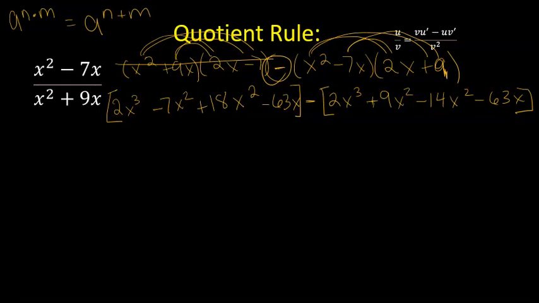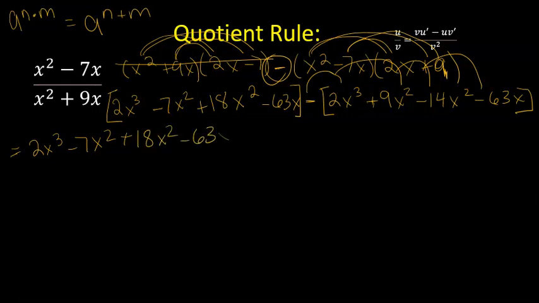So what do I do next? Let's see. I remember I started putting all the like terms together. I could do that, but I have to remember this other rule, which is I have to take that negative and distribute it. I got to put it here, here, here, and here. So what would that look like? Well, the first part's going to be exactly the same. 18x squared minus 63x.